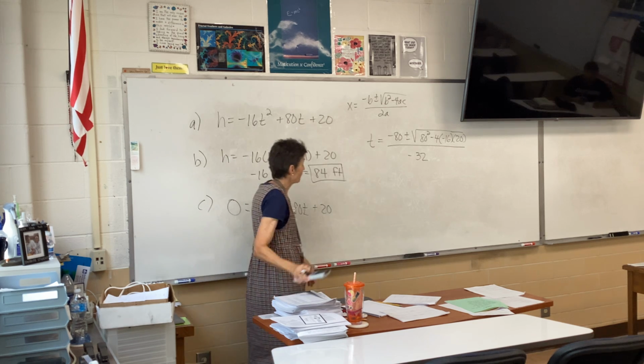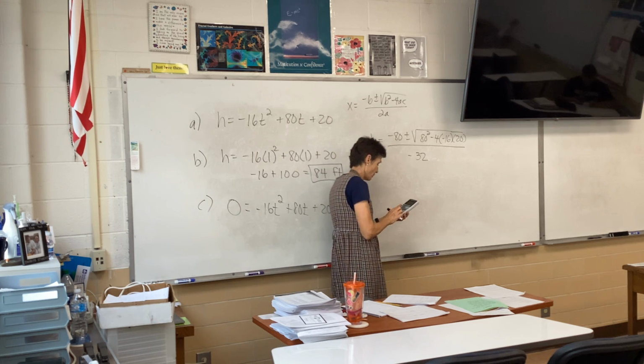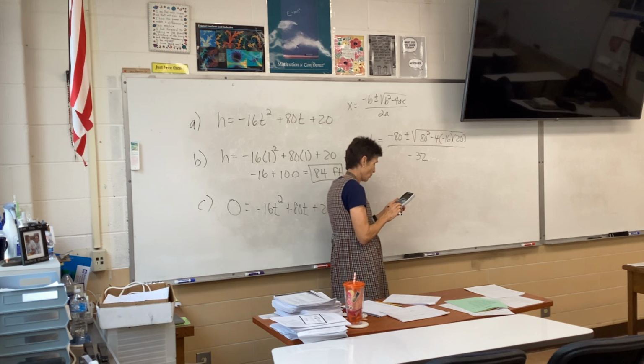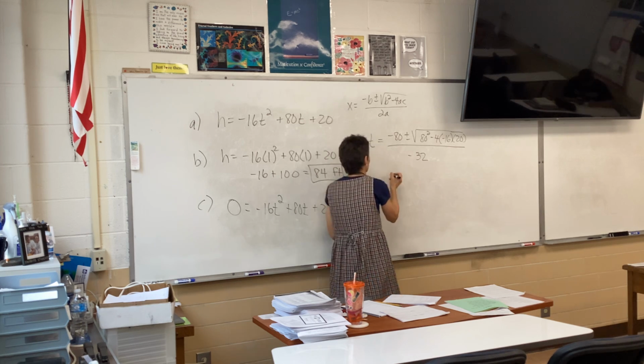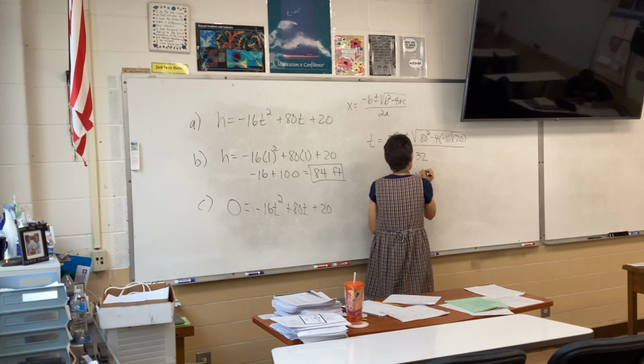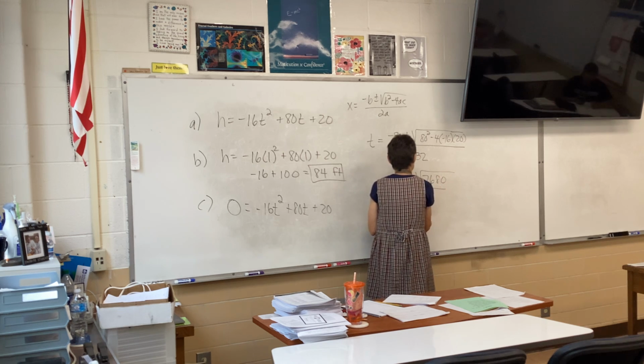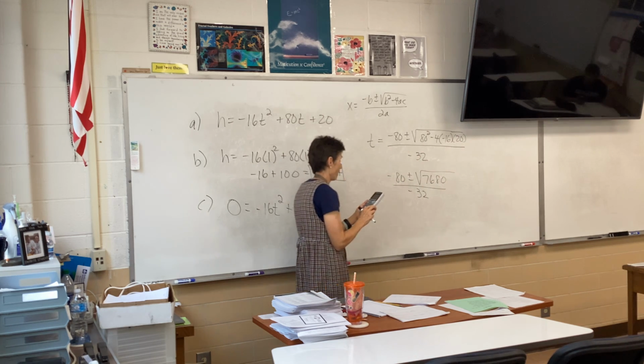All right, I'm gonna figure out what's under my radical. So 80 squared minus 4 times negative 16 times 20. I got 7680. You didn't?